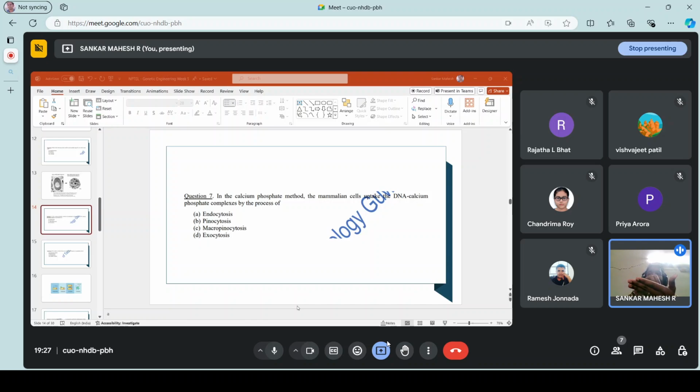There might be some DNA. If it is there in the extracellular fluid, it might be taken up as the vesicle is formed. But specifically in this process, you are looking at interactions of the DNA with the cell. Only if the DNA is touching the cell, it will form a vesicle, which is called endocytosis. Macropinocytosis is an extended version of pinocytosis where you are able to take up higher volumes. That's what I think is happening.